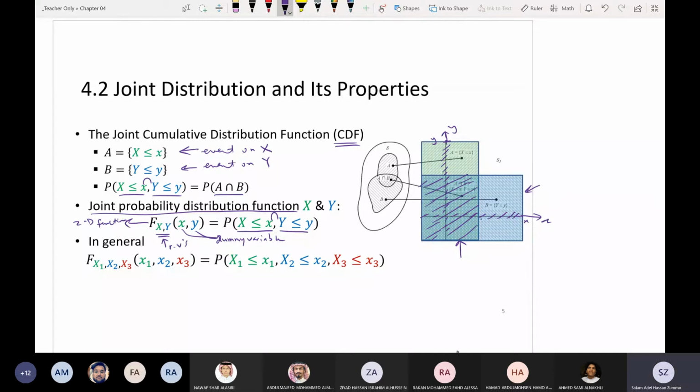In general, you can have three random variables, for example: X1, X2, X3.